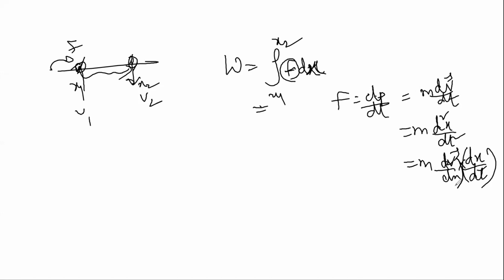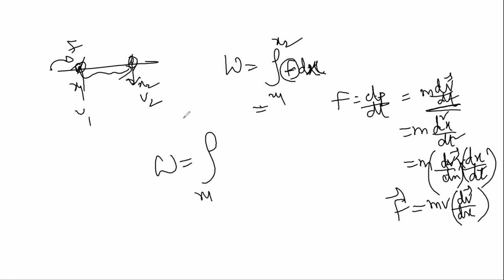Right, students? What is dx by dt? The rate of change of displacement, that is velocity. So F is m v dv by dx.